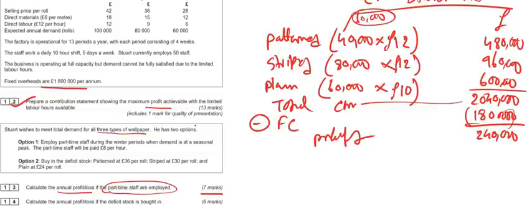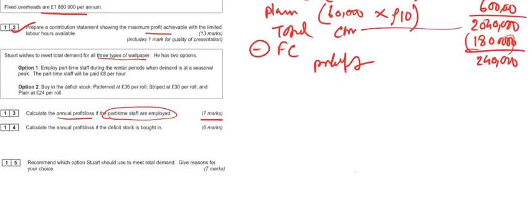Now we want to produce those. We have been given option 1 and option 2. Option 1 says employ part-time staff during the winter periods, when the demand is at a seasonal peak. The part-time staff will be paid 8 per hour. That's good, lovely, no problem.